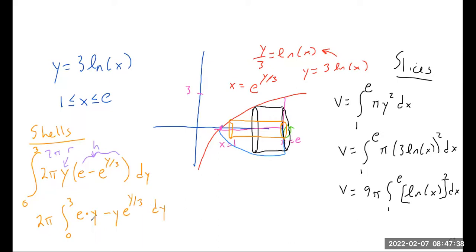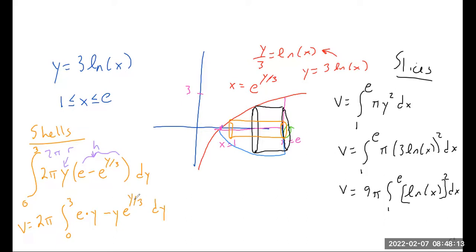All right, so this integral that we've got in the orange is going to give us the same value as the integral over on the other side that's in black. And if we look at the one in orange, this one's going to be a little bit easier to integrate. Like the e times y, that's no problem. e is a constant, the y gives us y squared over 2. This one we got y e to the y over 3. Well, that's going to want us to do some sort of a u substitution, right?